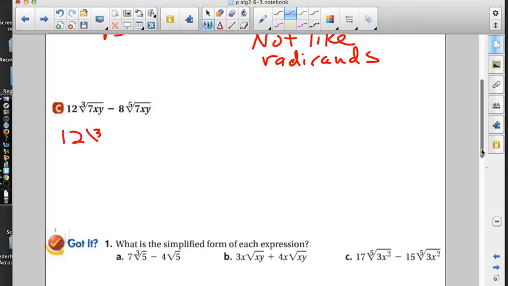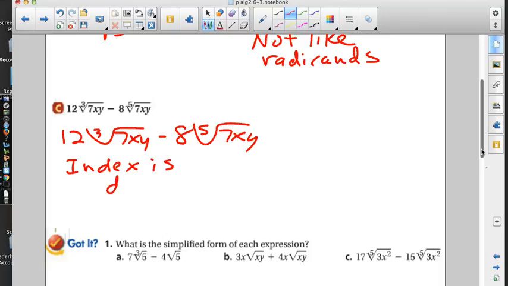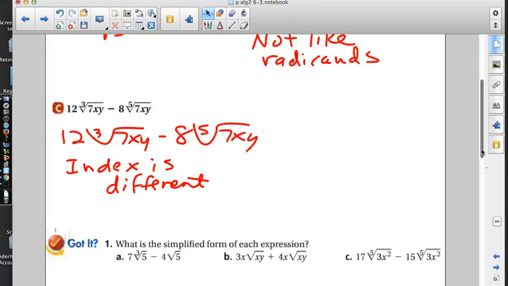This is done. Nothing else we can do. Can't simplify. Index is different. So we're glued into the radicand, but we also have to be glued into the index, because if they're not exactly the same, we cannot put them together.